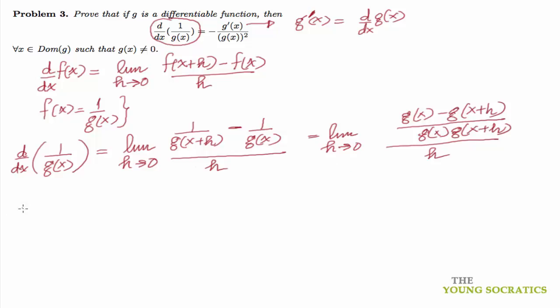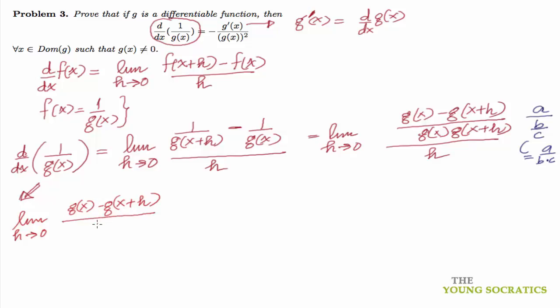Okay, now I'll come and write here. So simplifying this, note that this is of the form a divided by b divided by c, and we know that this is equal to a divided by b times c. Again, this expression now simplifies to limit of h tending to 0 of g(x) minus g(x plus h).